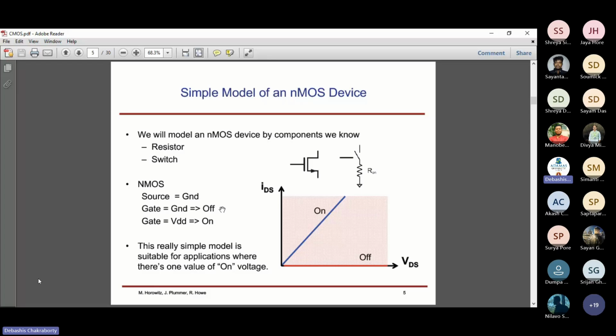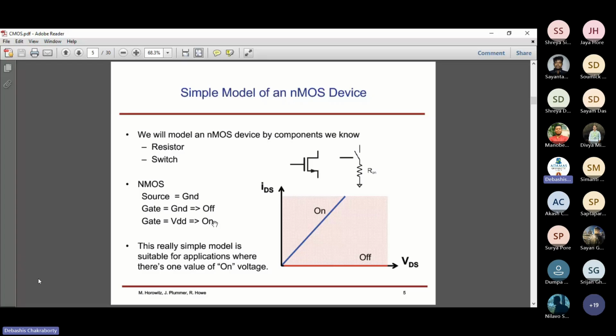As no current is flowing, we say the device is off. Second case: when we apply a high voltage like VDD, plus 5 volt, to the gate terminal, the NMOS device is on, right?